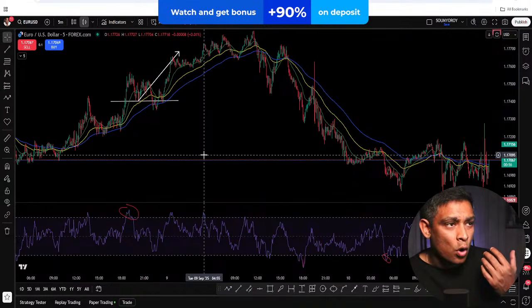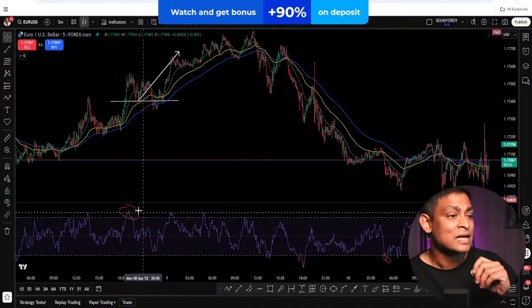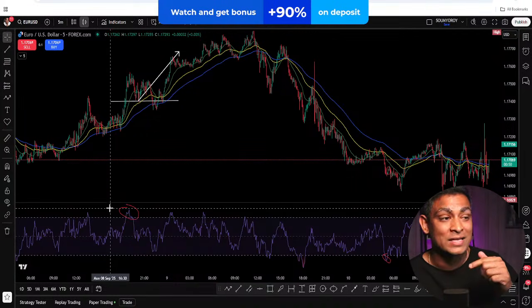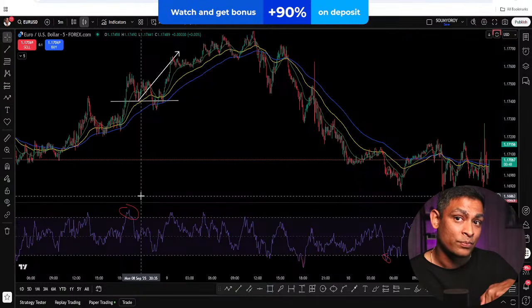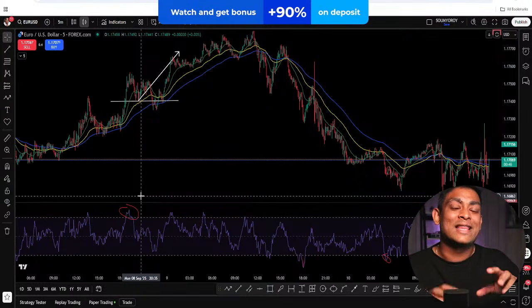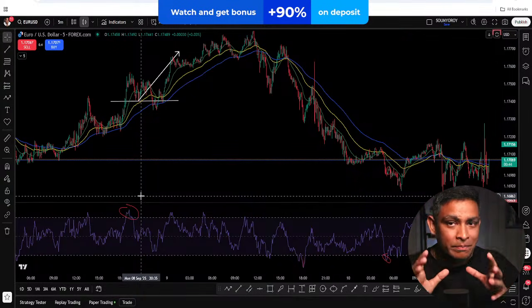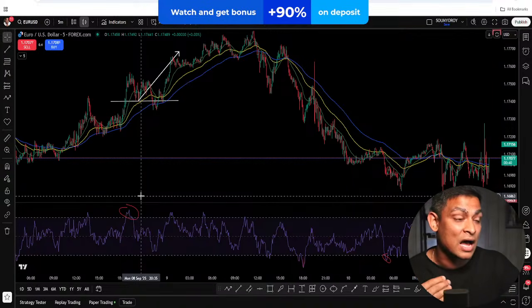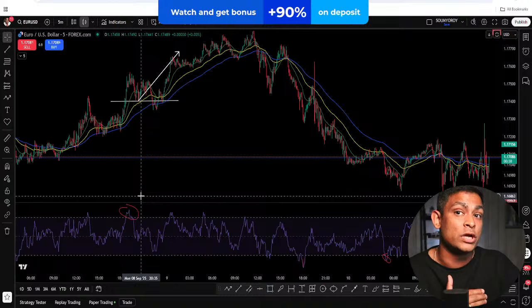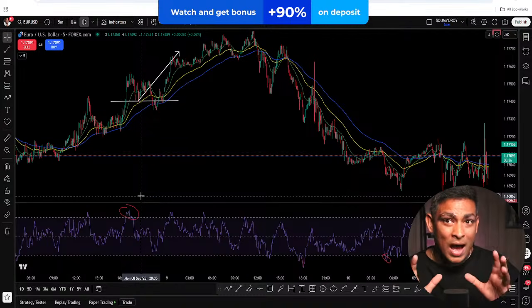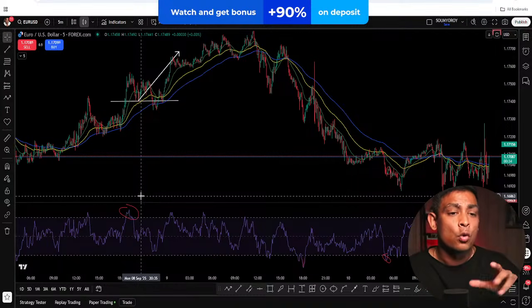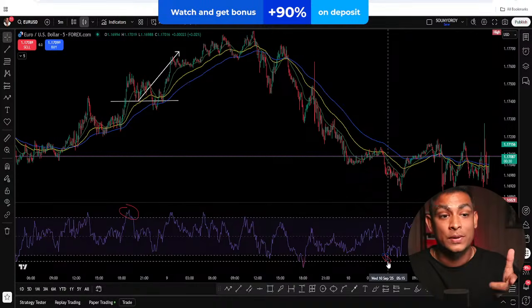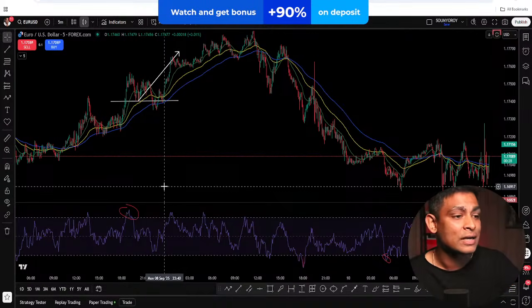So this also tells us that when the price is in the overbought zone, or when the price is coming down from the overbought zone, that essentially doesn't mean that the price is reversing or there is a change in trend from bullish to bearish. So I am sure you understood what I mean when I talk about this.